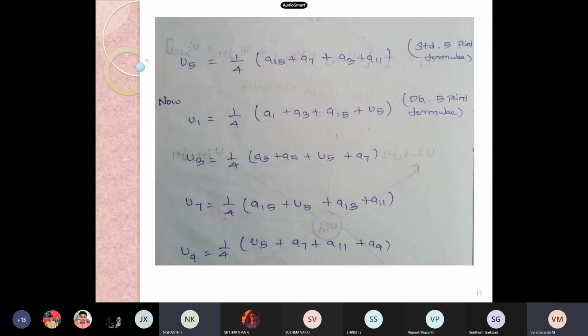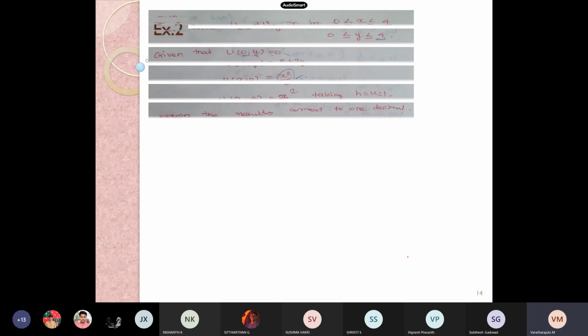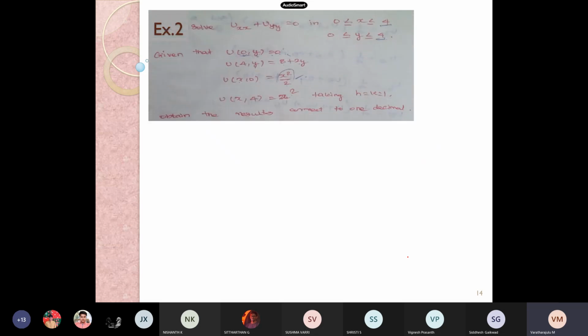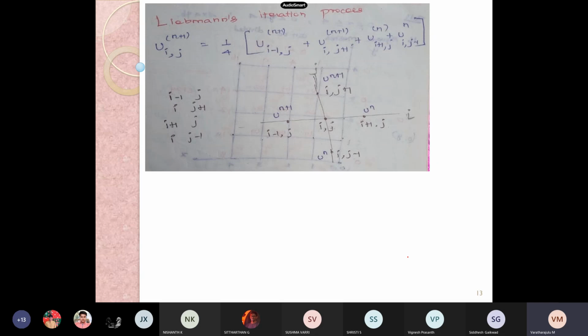So whether it is clear? Yes, sir. Okay. So we'll start solving these problems. Problem number 1. That is exercise number 2 and Liebmann's iteration formula. See, this is Liebmann's iteration formula. Once the initial iterations are over, then we know all the four values in the standard 5-point formula.